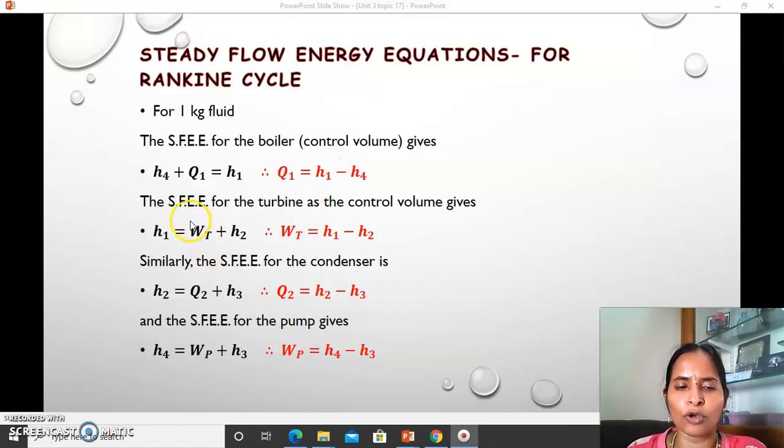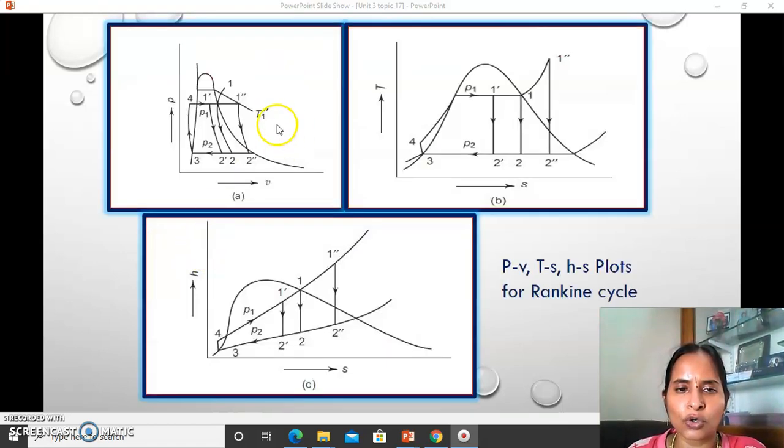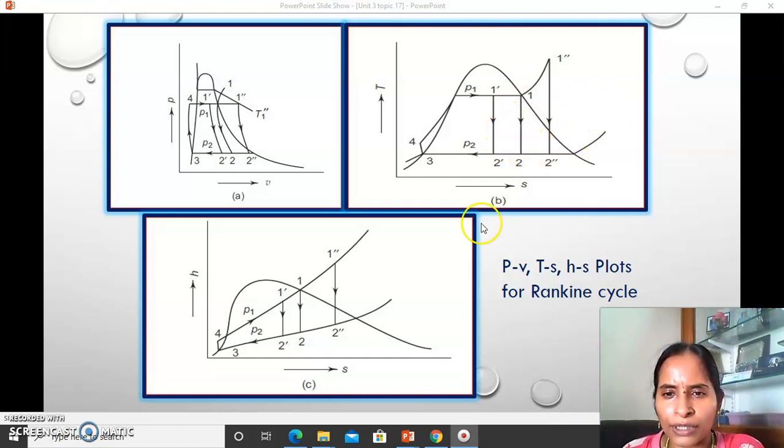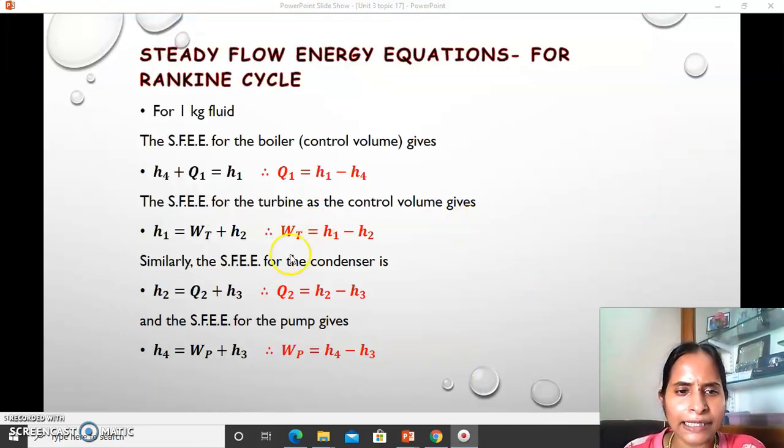The same you can write for the turbine, which shows lesser energy at the outlet condition than the initial condition. Here energy is given to the shaft, right? So WT, the turbine work, is the difference between H1 and H2.